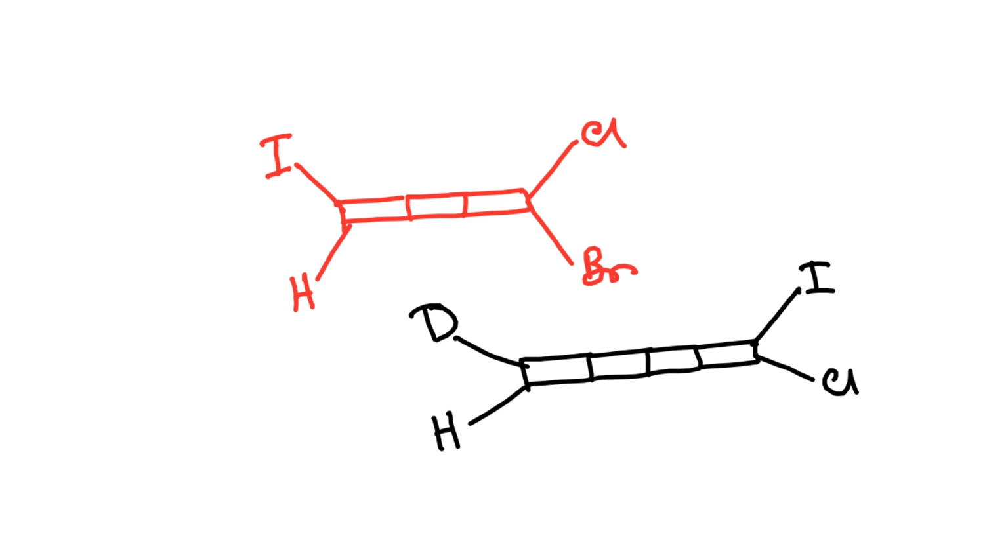What about this one? So this is A, this is B. Whether both are chiral, or which one is chiral and which one is achiral? Someone is saying B is chiral and A is achiral.